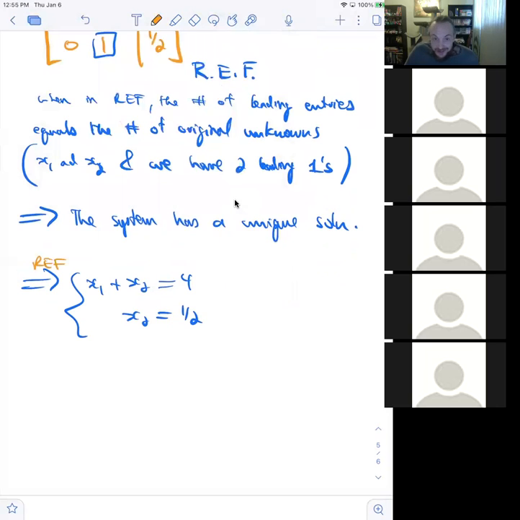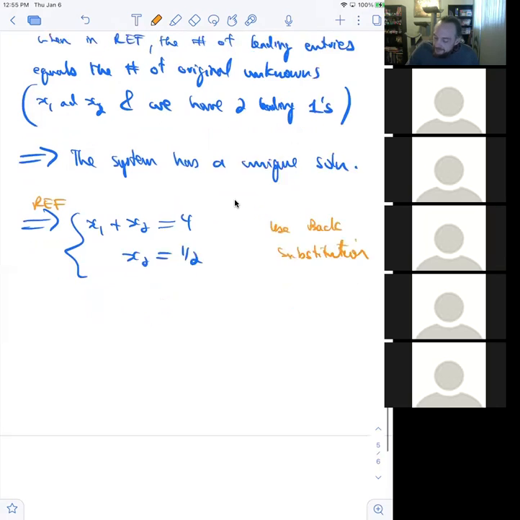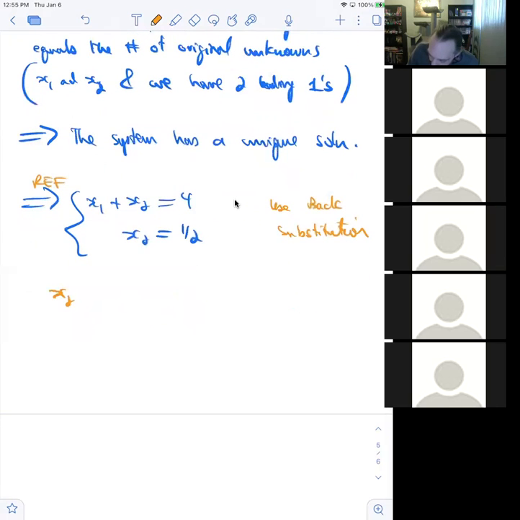Turning it back into that system, now we use back substitution. This says x2 is 1/2, so we've got that. And this says x1 is equal to 4 minus x2, which is 4 minus 1/2, or x1 is equal to 7/2, just like I did ad hoc.